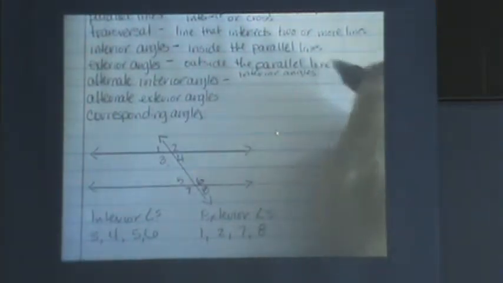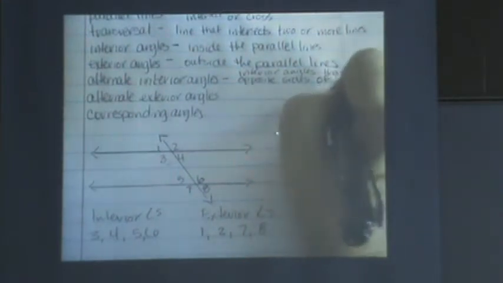Alternate interior angles are interior angles that lie on opposite sides of the transversal.